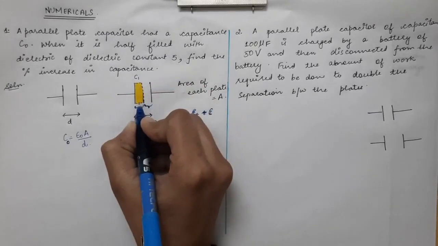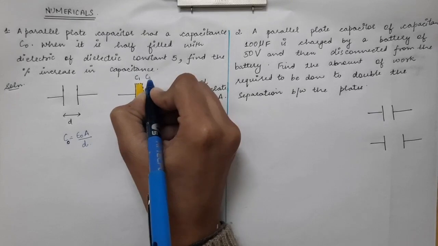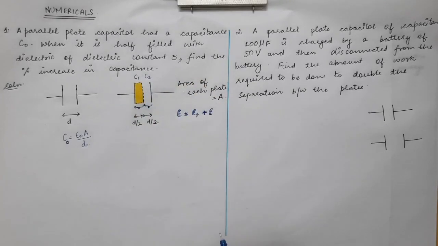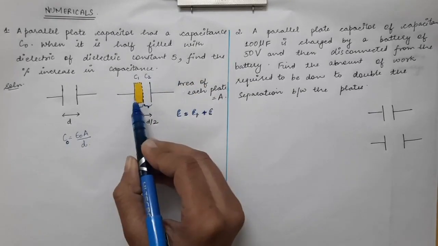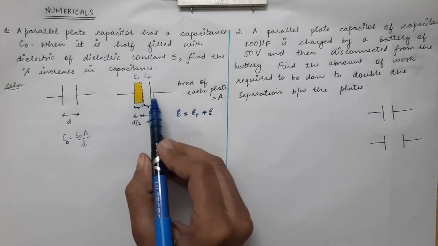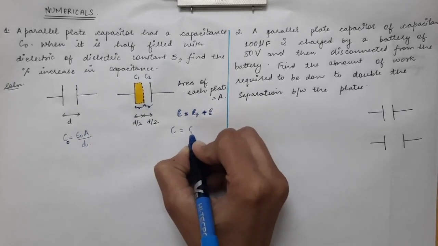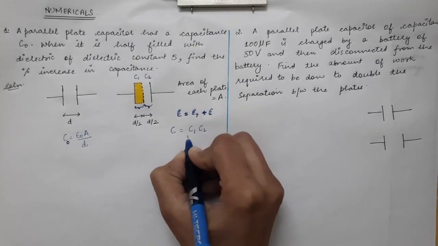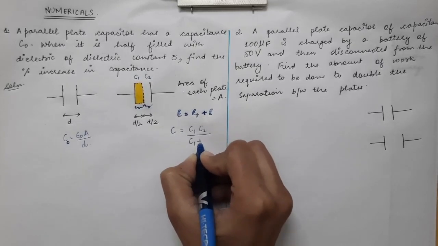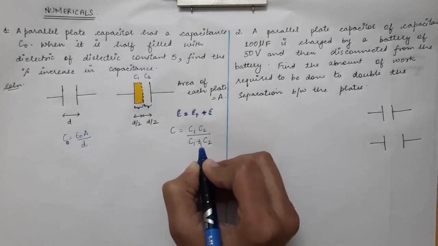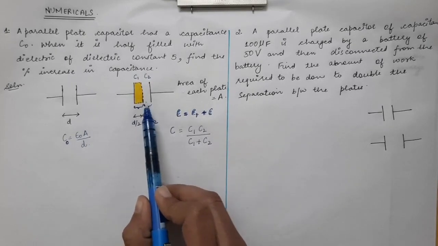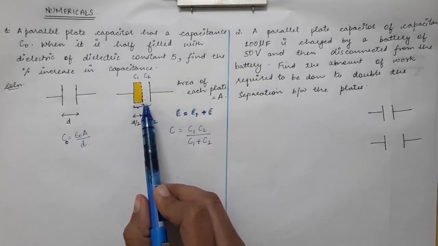C1 is the capacitance of this capacitor, and C2 is the capacitance of this second capacitor. Then the resultant capacitance will be equal to C1 into C2 divided by C1 plus C2. This is the formula that we use when two capacitors are joined in series.